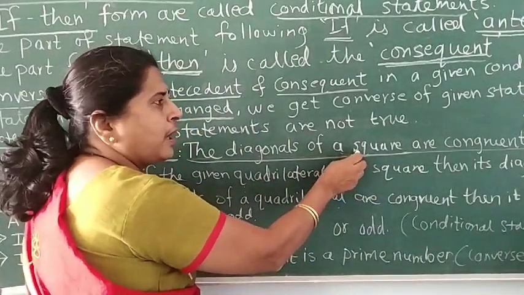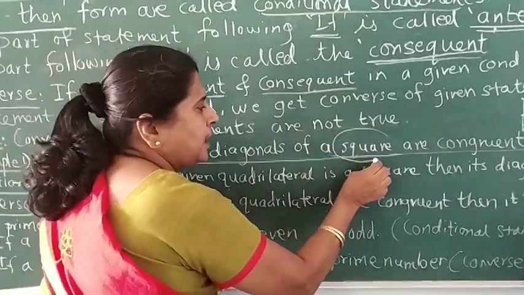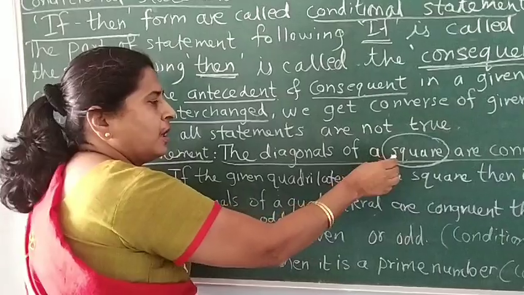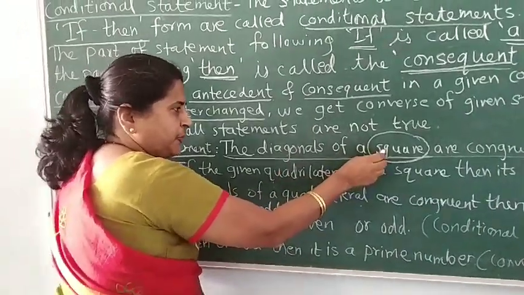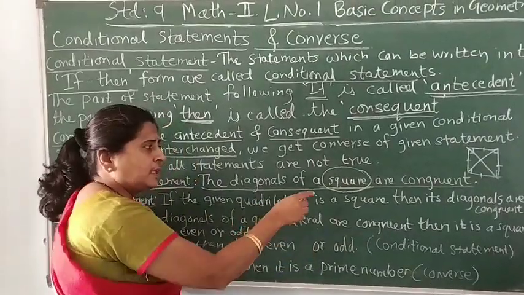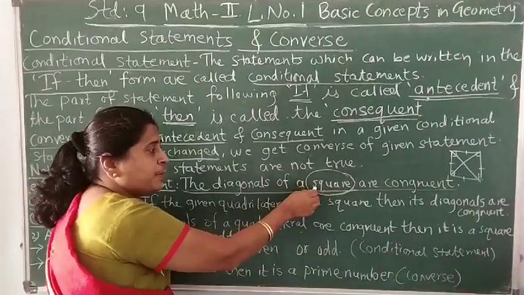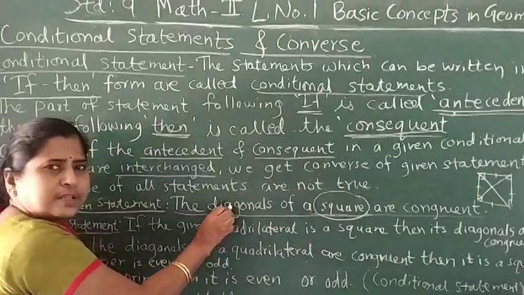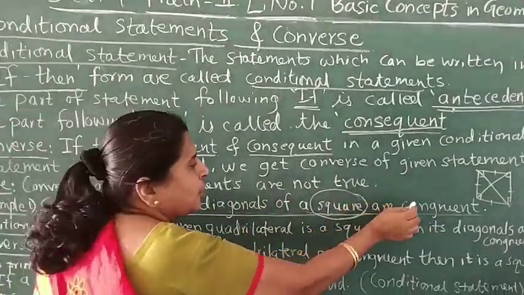And what is a square? A square is a type of quadrilateral, and for this type of quadrilateral, the square, its diagonals are congruent. So the first thing is that the given quadrilateral should be a square. If this is fulfilled, then the consequent part will be: diagonals are congruent.